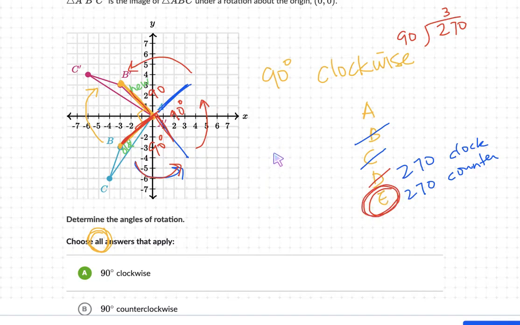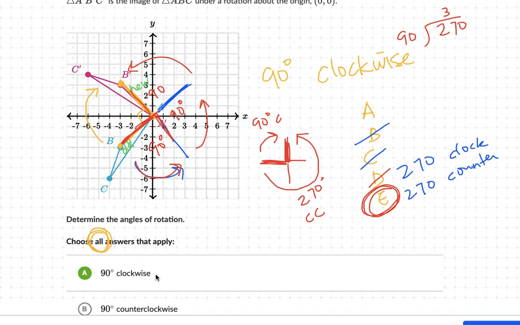Basically what I'm saying is we went from here to there. We could have gotten there 90 degrees clockwise, or we could have gotten there the opposite direction and gone 270 degrees counterclockwise. So either forwards once or the long way backwards 3 times.